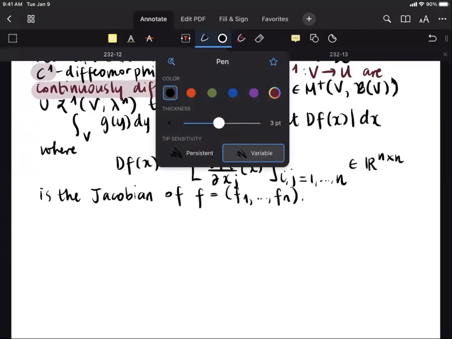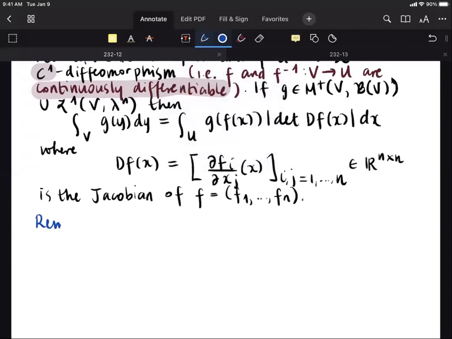So before we prove this, take note that we get the affine change of variables from this formula, because if f is defined in this way, Mx plus a, then you can easily see that the Jacobian is M. So the Jacobian is a constant n by n matrix.